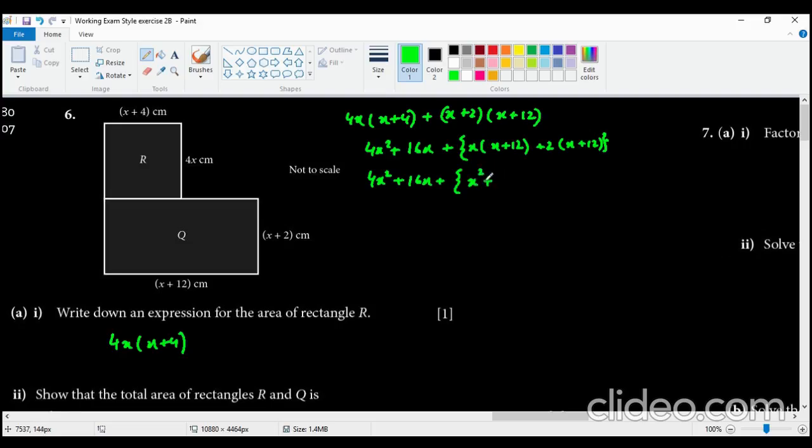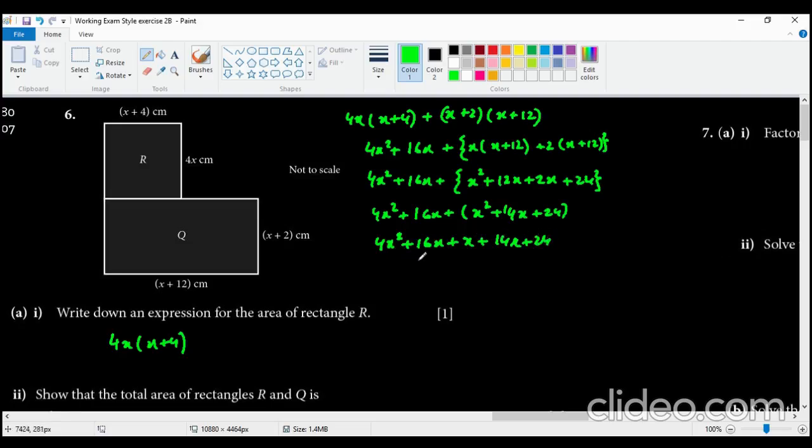I'll keep this one a little away, and I will wait for the answer that we get in the bracket. x square plus 12x and plus 2x plus 24 is inside the bracket, and in the bracket we have x square plus 14x plus 24. Now we open the bracket, and it gives us 4x square plus 16x plus x square plus 14x plus 24.